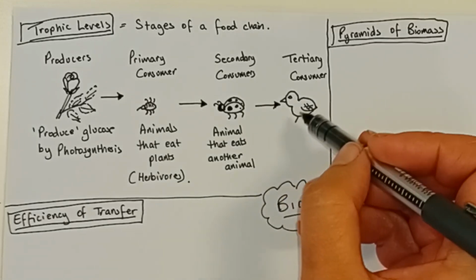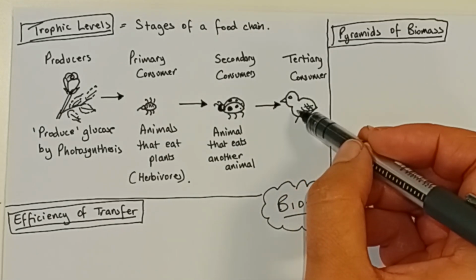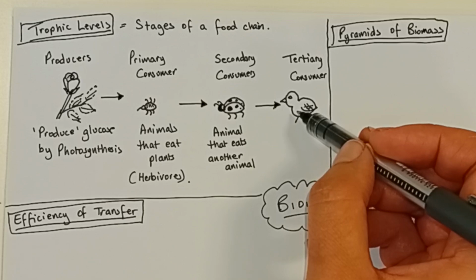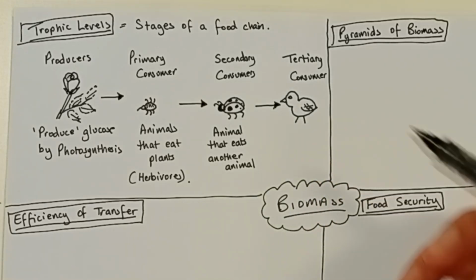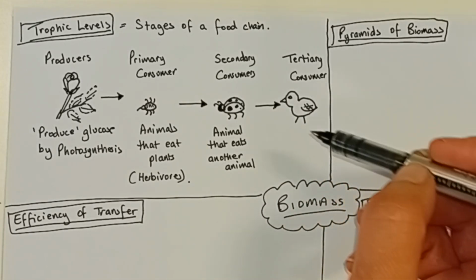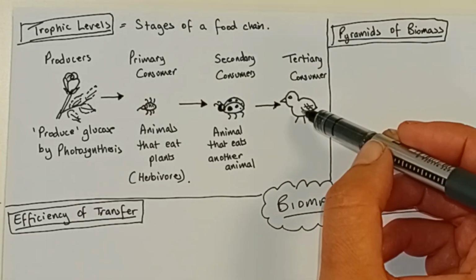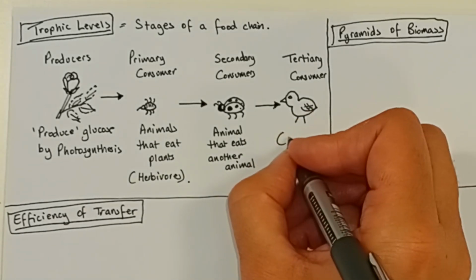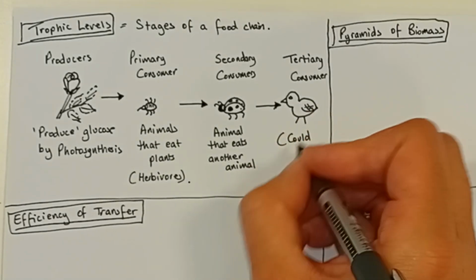And equally, if nothing else eats this level, this trophic level, then it could also be a top carnivore. Now, as it happens, birds can be eaten by other things like birds of prey and foxes. So in my food chain, it's not actually the top carnivore, but it could be in other food chains.